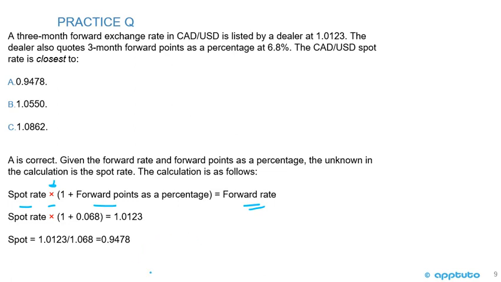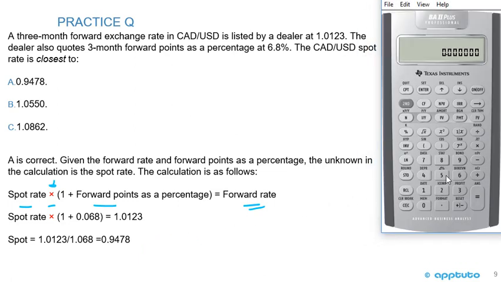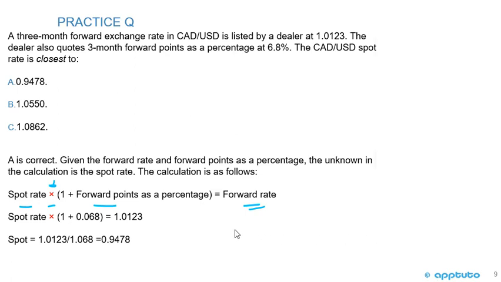So let's just bring up the calculator. And how are we going to do that? They're giving us the 3-month forward percentage points as 6.8%. So 6.8, we're going to hit the percentage sign. Okay, then we're going to add 1. We're going to get 1.068. So you can see this, we're just going to solve here for X, because they've given us the forward rate.